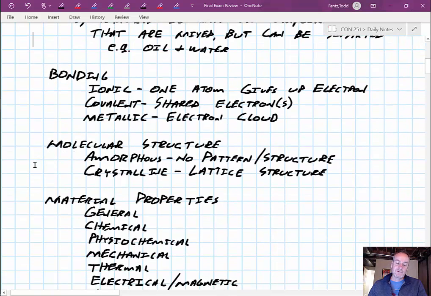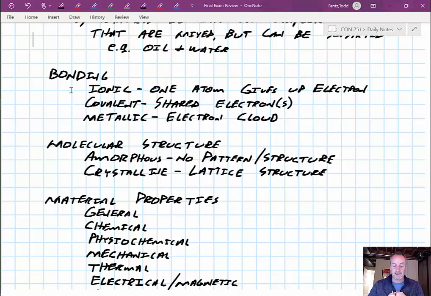We talked about bonding. We said there were 3 different types of bond: ionic, covalent, and metallic. Ionic bonds mean that basically your 2 atoms, one is giving up an electron, the other one is receiving it, creating a positively charged ion and negatively charged ion, which creates the bond.